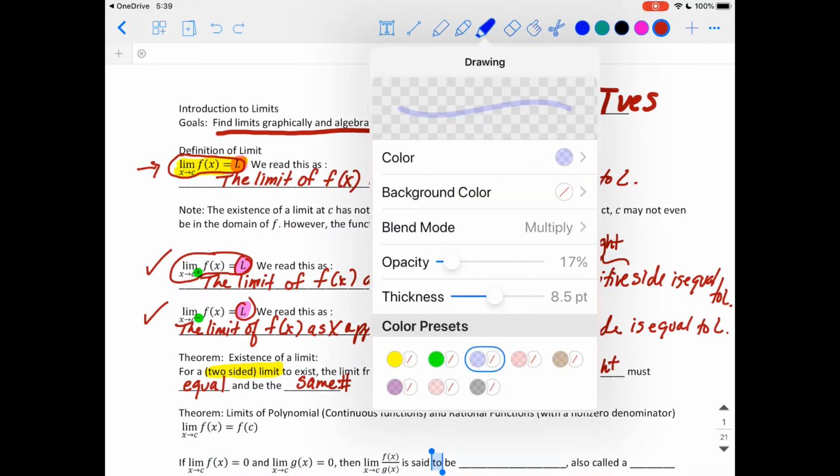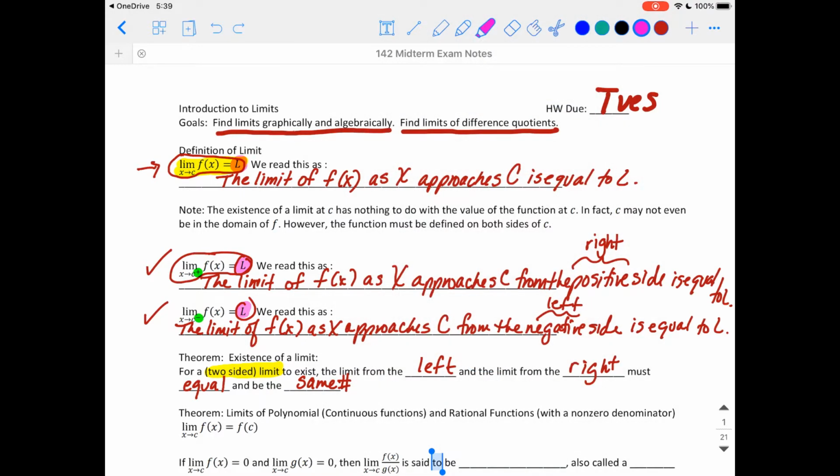Where's my hot little pink that I had recently? So this equal to and the same number, again, is this L, that L, and that L. So one last time, in order for this limit to exist, these two have to end up being equal to the same number, which in this case we're using L to represent.